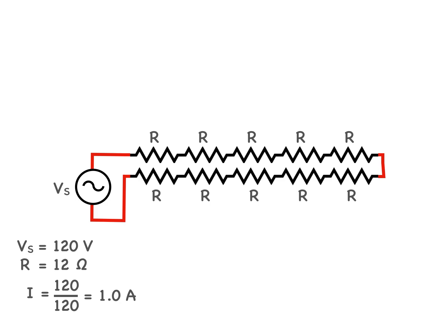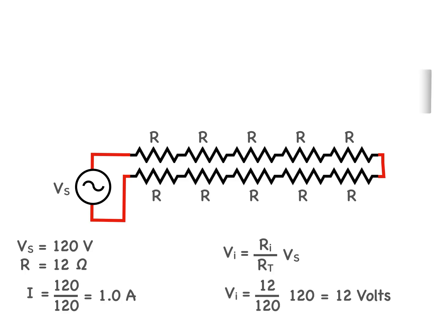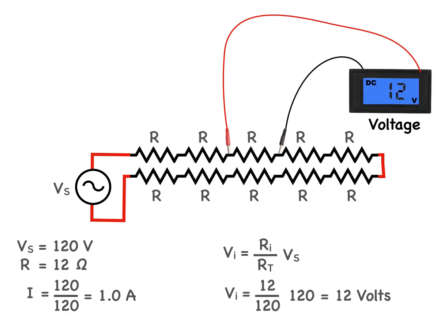What we have learned, though, is that if I wanted to calculate the voltage drop across one of the resistors, I could use the voltage divider rule, which tells us that the voltage drop across an individual resistor, V subscript I, would equal the resistance of the individual resistor, R subscript I, all divided by the total resistance of the series circuit, multiplied by the supply voltage V subscript S, which in this case would be 12 divided by 120, and that gives us 12 volts.